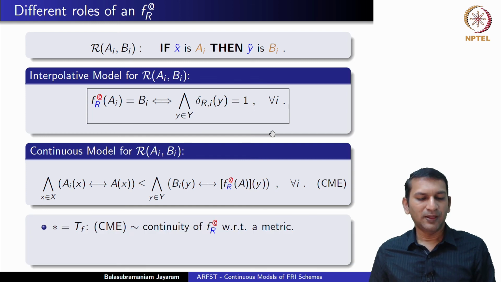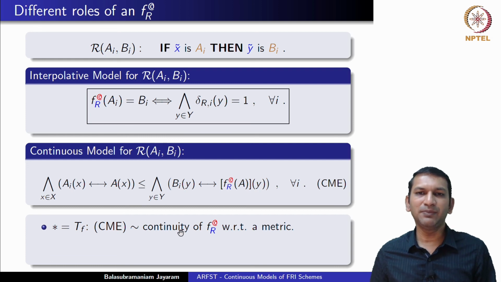Note that we have used the residuated lattice obtained from the generated strict T-norm only to show that this inequality can be related to the continuity of the adjoint function with respect to the metric. It is only for that purpose that we have taken recourse to generating a metric from the additive generators of strict T-norms.